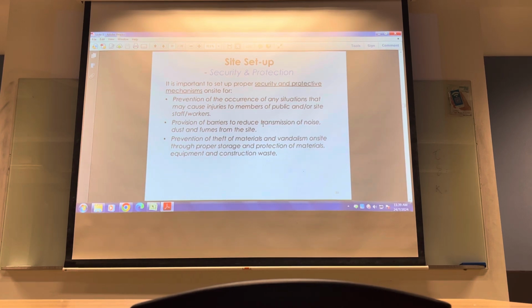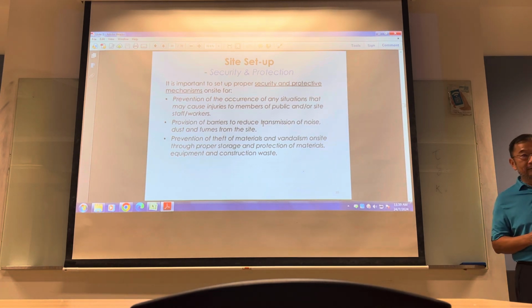Very important also, when your project is ongoing, you have material coming in. What is the most expensive material commonly seen in the project site? The most expensive and easily stolen material.